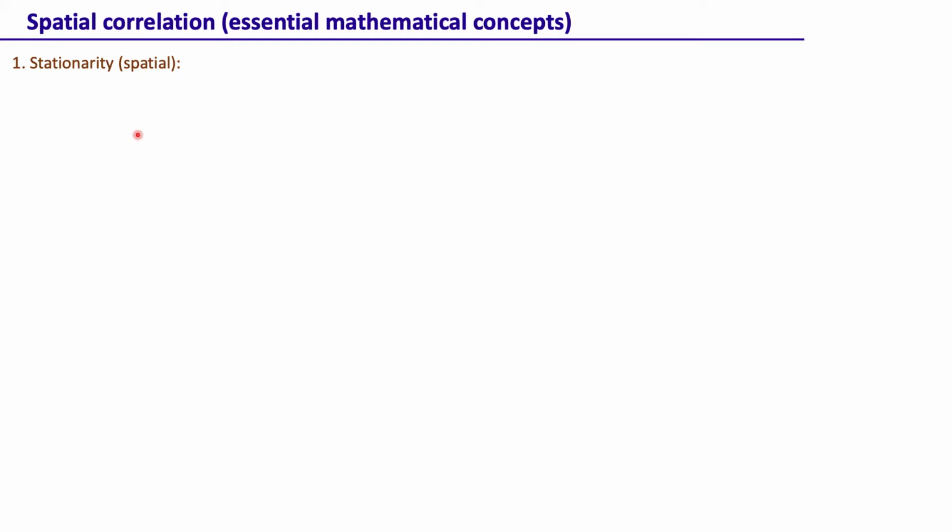So first is stationarity, and of course we looked at this concept, and here we are looking at stationarity in the spatial degree of freedom. That means something that doesn't change as a function of space. So stationarity is defined as when all the correlation functions are independent of the space origin. That means space can be shifted without affecting the correlation function.